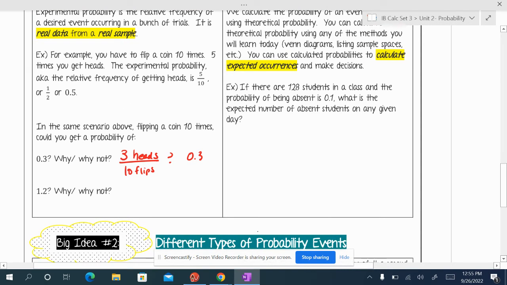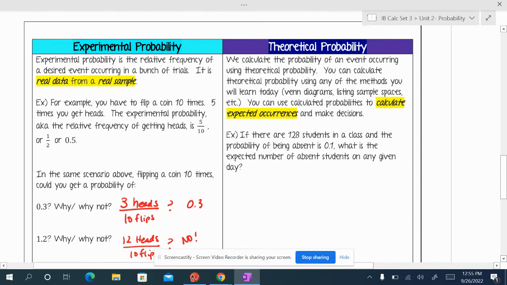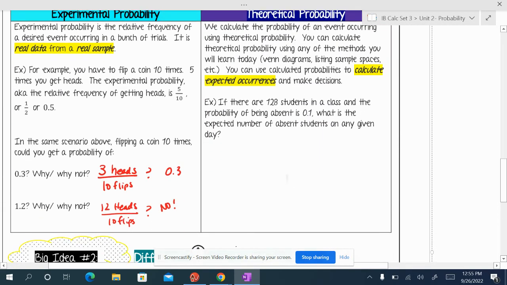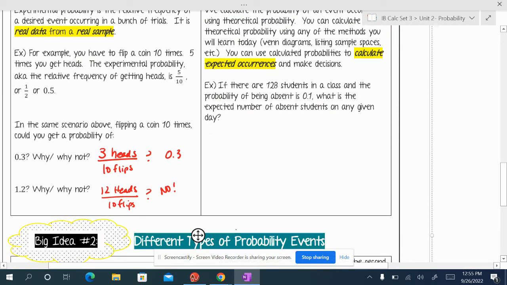Well, could you get a probability of 12/10? Why or why not? Could you get 12 heads in 10 flips? No, absolutely not. That's why we can't ever have a probability that's greater than 1. Anything over 1 doesn't really make sense. You can't have 12 heads if you only flip the coin 10 times.